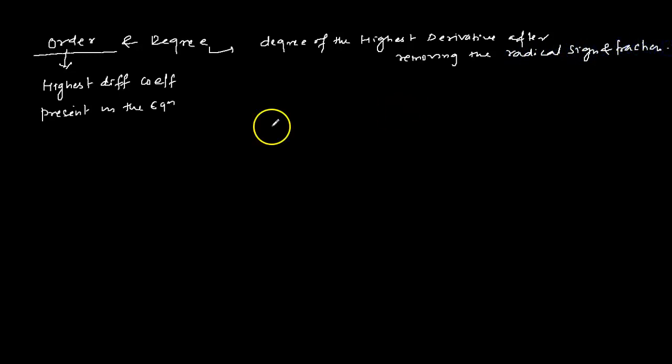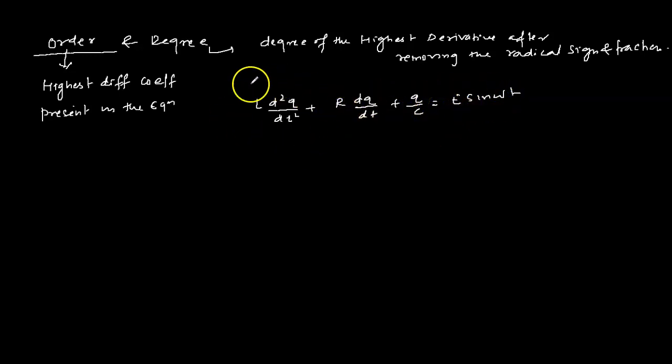If you consider a differential equation like L into d square q by dt square, plus R into dq by dt, plus q by C, is equal to E sine omega t. This is a differential equation.